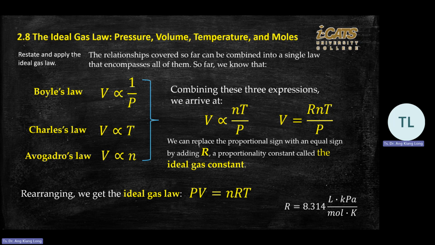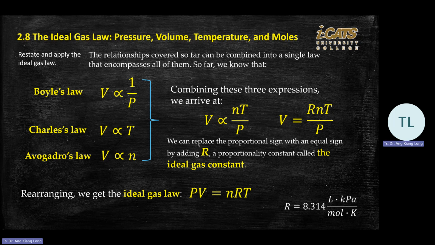In later chapters, you need to be careful on the R value. Sometimes we will give you different R value by changing this parameter L. We'll remove the L, become either mercury or mm, meter cube and so on.